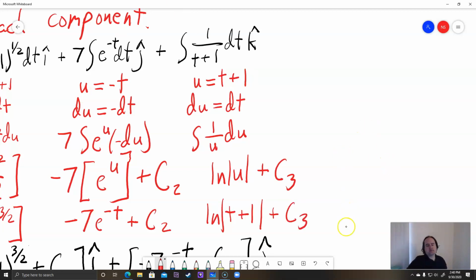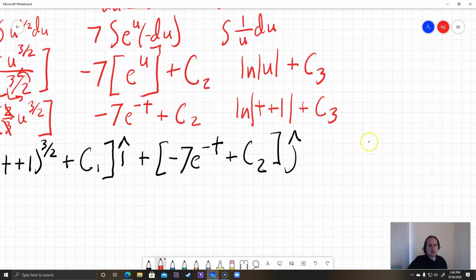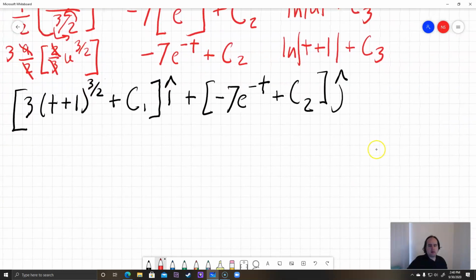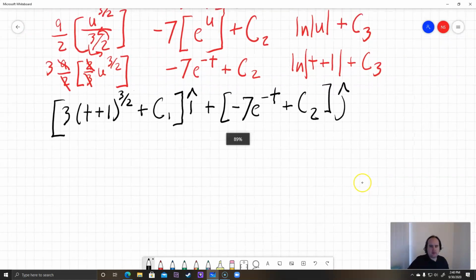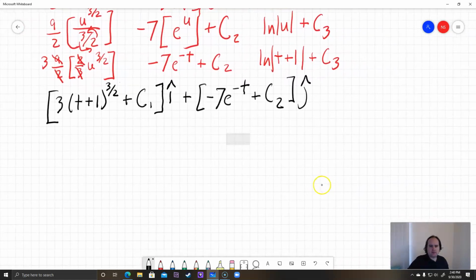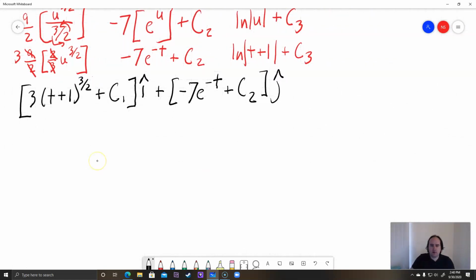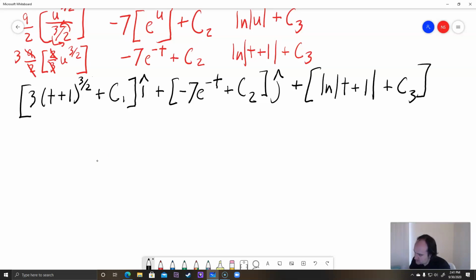All right, so we can plug that in there for our third component. So our third component is going to be, let me zoom out a little bit, natural log of absolute value of t plus 1 plus c3 times k.